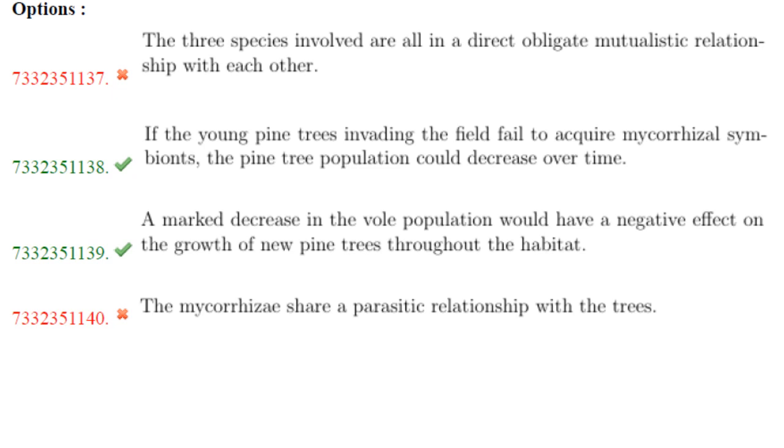And this results in decrease in the amount of mycorrhizae attacking the new tree. And the trees will not be able to absorb nutrients from the soil, and their population will eventually decrease. So it is having a negative effect on the growth of new pine trees throughout the habitat. So option 3 is also correct.